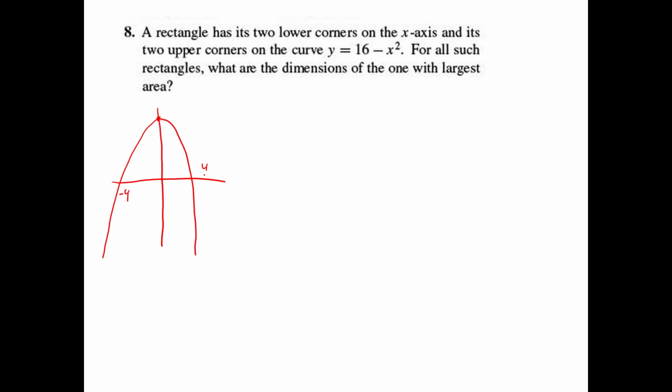What you are doing is making a rectangle by picking some point on the x-axis, we'll call it x, going up to the curve, and we'll call that y. So this is the point xy. Cutting across and then coming back down.